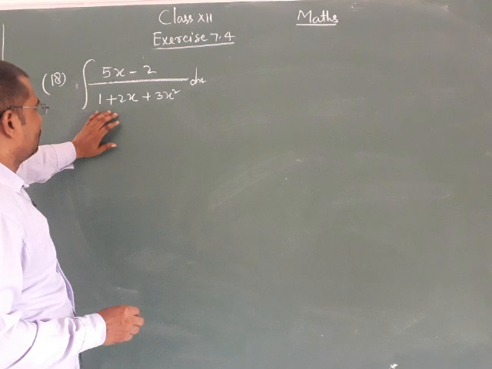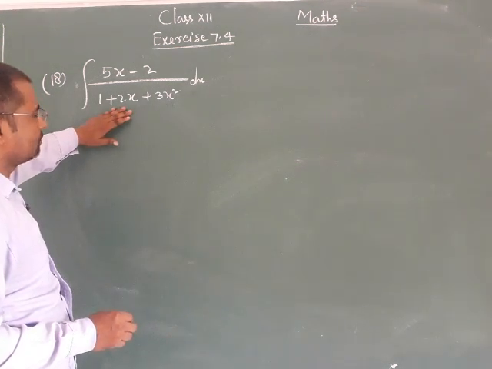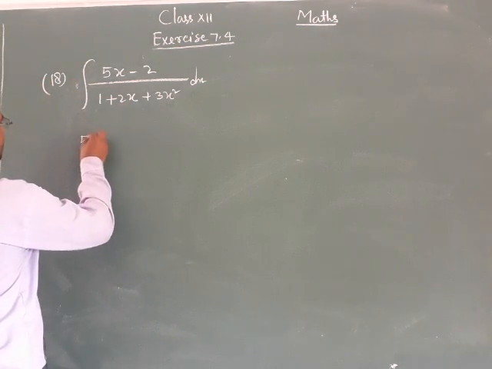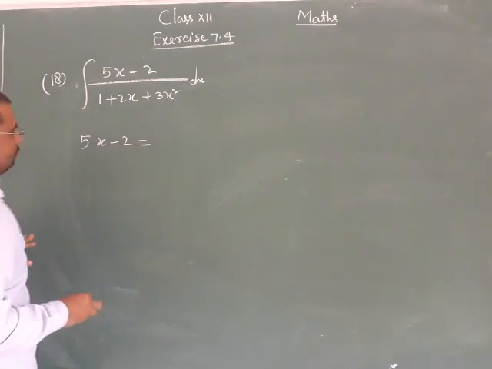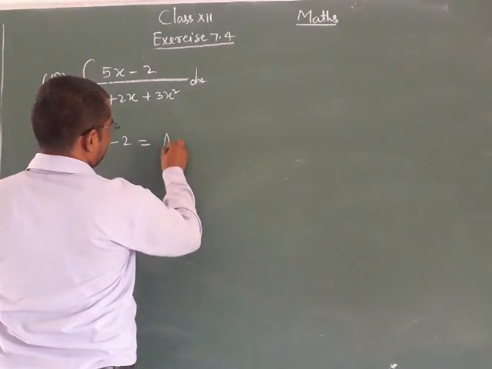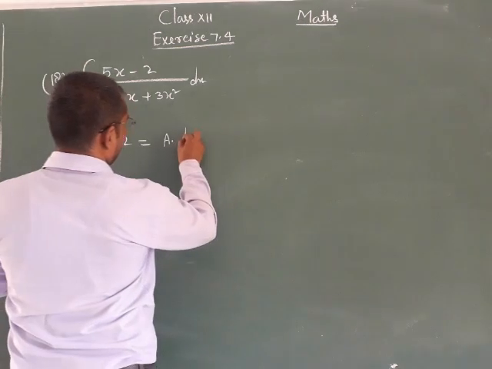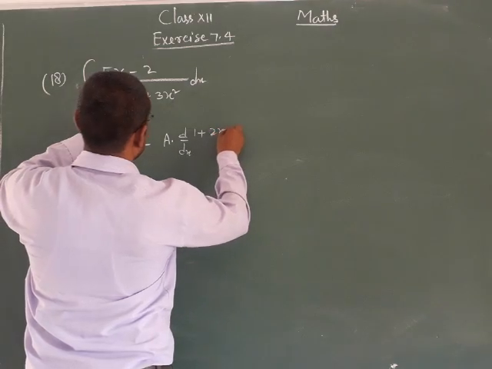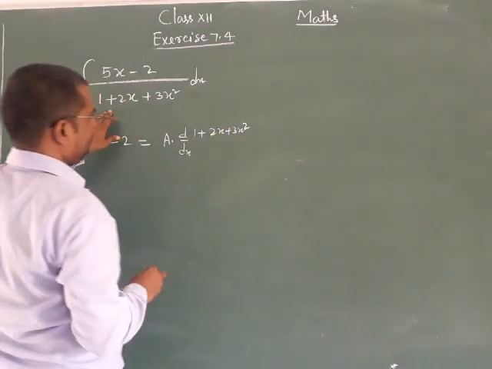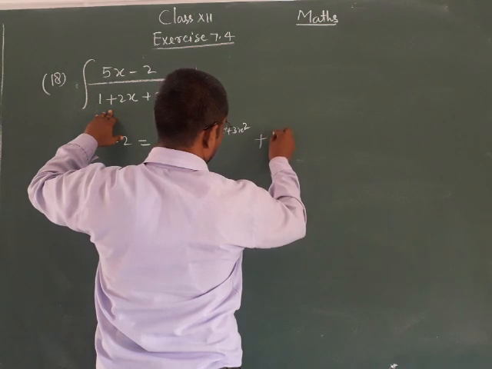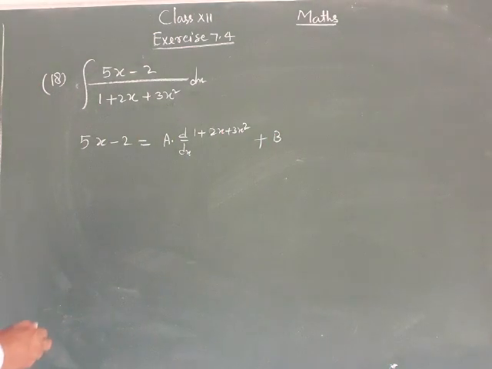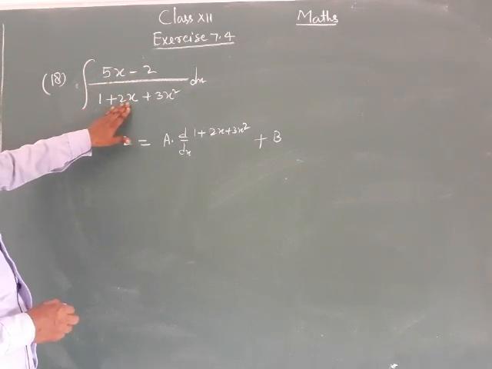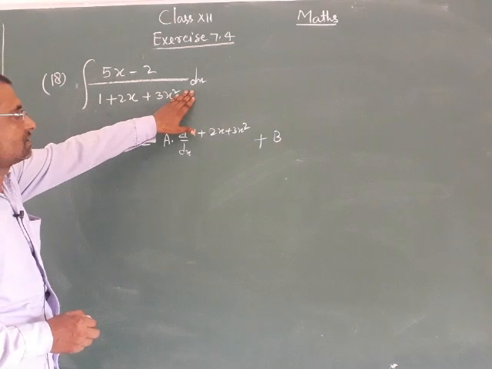So you can change by a method: 5x minus 2 is equal to constant a, taking constant a and derivative of the denominator 1 plus 2x plus 3x square, plus constant b.